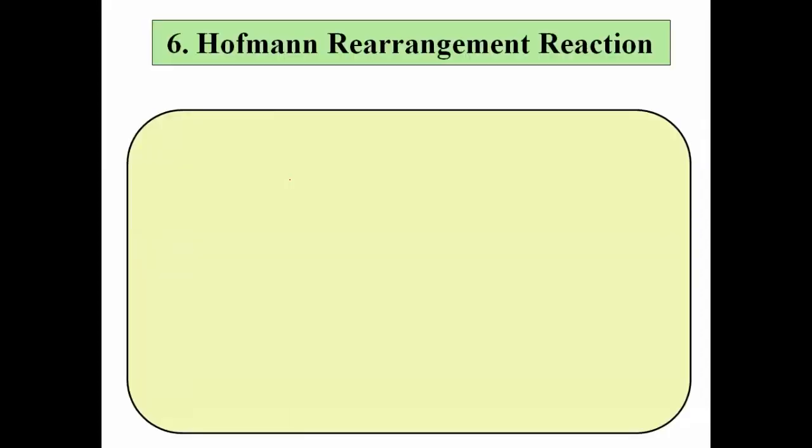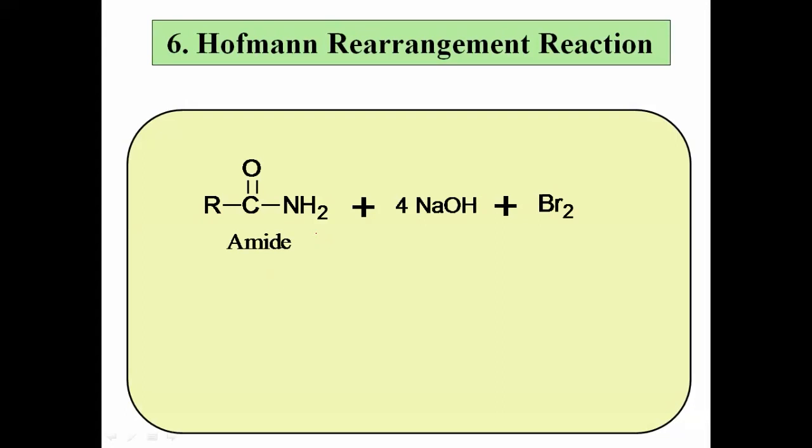In the last lecture, we studied the Hofmann rearrangement reaction. What is meant by Hofmann rearrangement reaction? Suppose this is one of the important functional groups from organic compounds, R C double bond O NH2. This is nothing but an amide. When this amide is treated with alkaline hypohalide, that is a mixture of alkali and halogen, that mixture is called alkaline hypohalide.